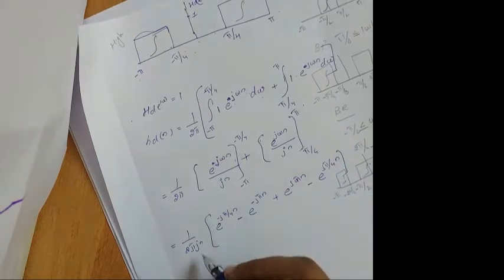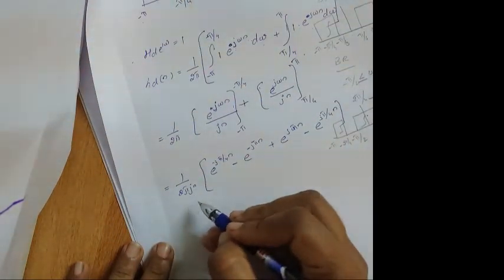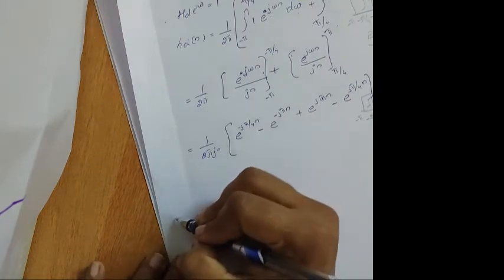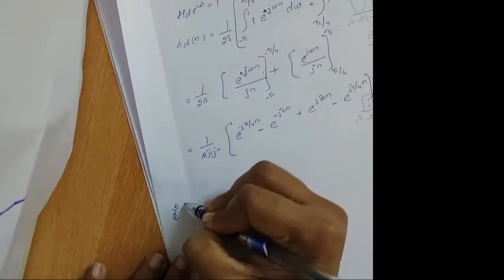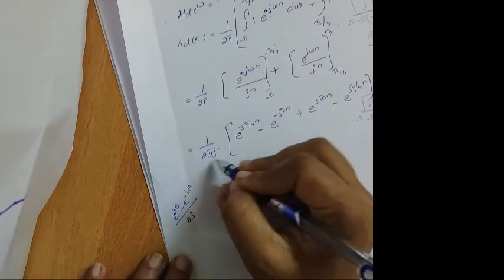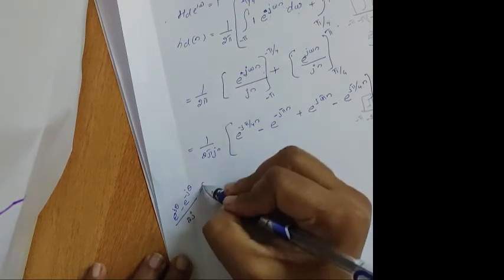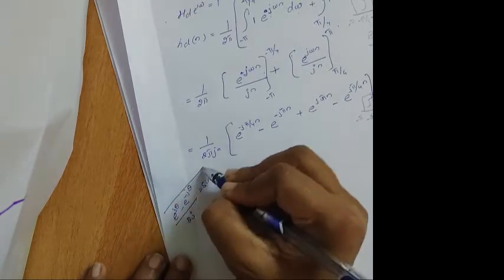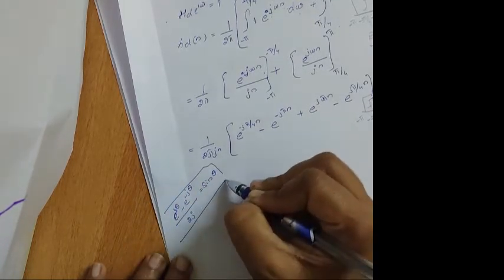Okay, so as you are having 2j over here, you can give it as e raised to j theta minus e raised to minus j theta by 2j, which is equal to sin theta. You can get it in this formula.